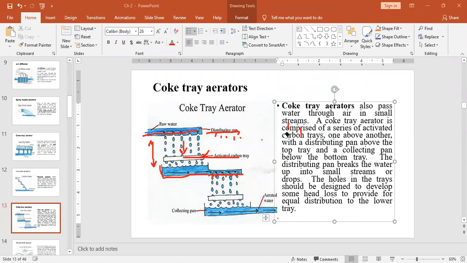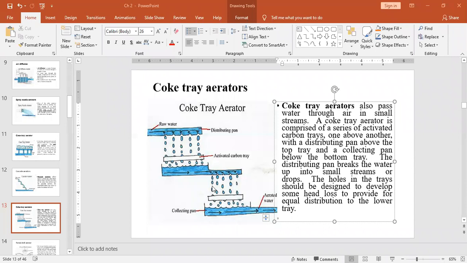Simply, the water will be allowed to fall down by gravity through the plates or trays which have openings from the bottom side, and it will be dropped down onto the activated charcoal. The porosity of that activated charcoal will absorb the impurities present in water, and the water will go for the further process.